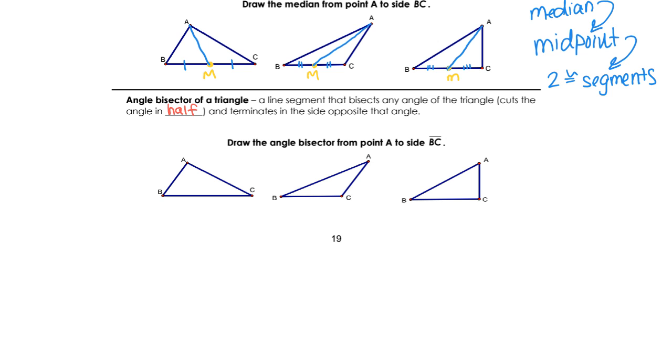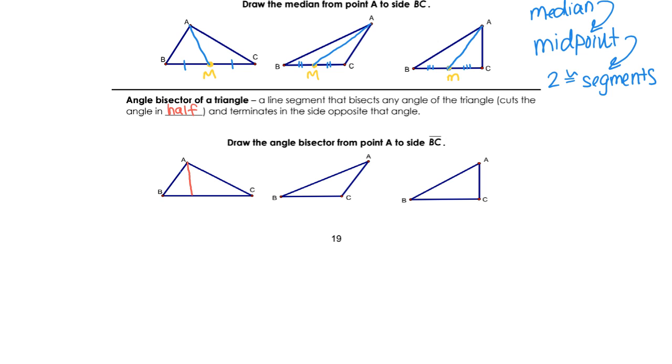So when we draw this line in, all I'm basically trying to do is split angle A into two equal angles. I have no clue where I'm going to end up on the other side. Maybe will I form perpendicular lines like an altitude? Maybe, depends on the triangle. Will I be cutting the opposite side in half by going to the midpoint?